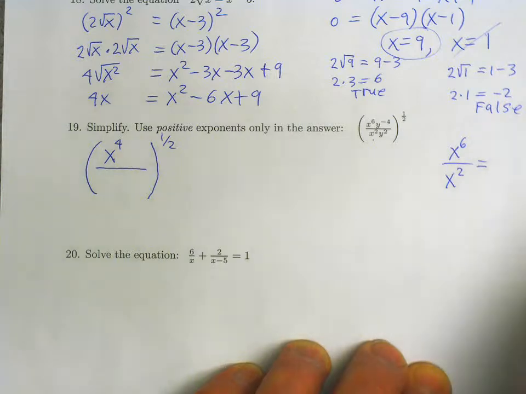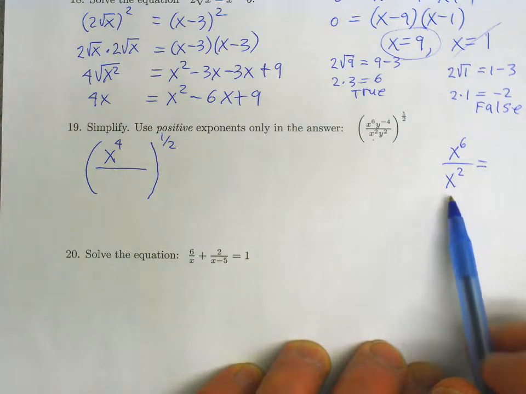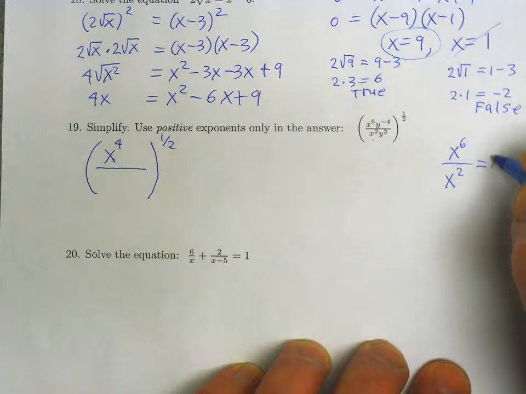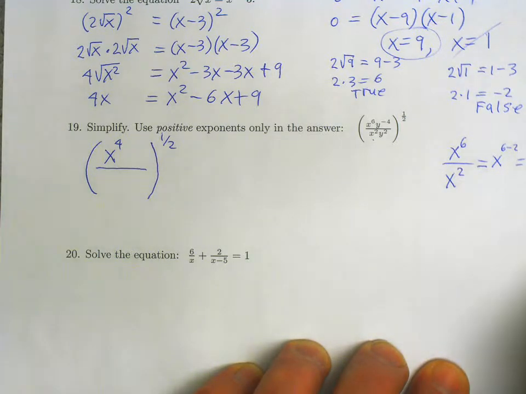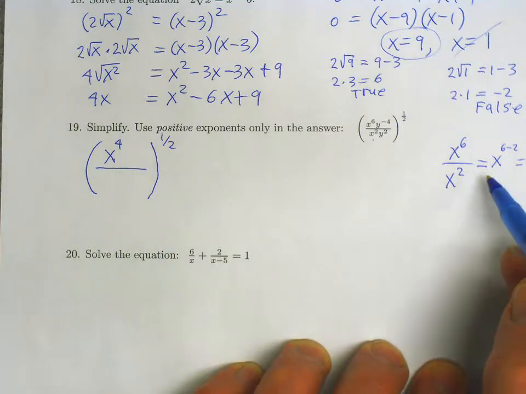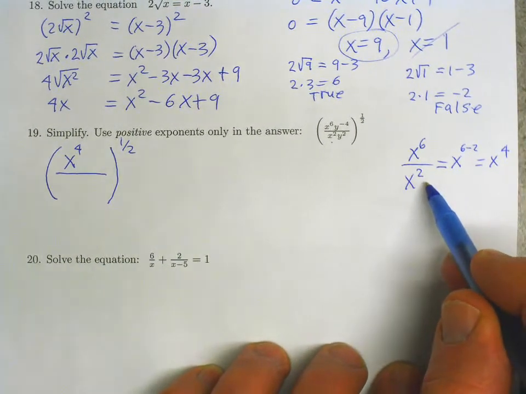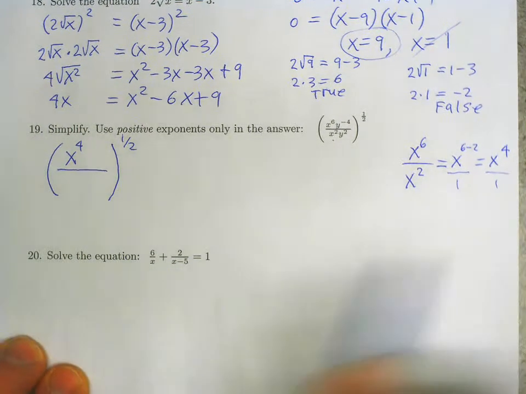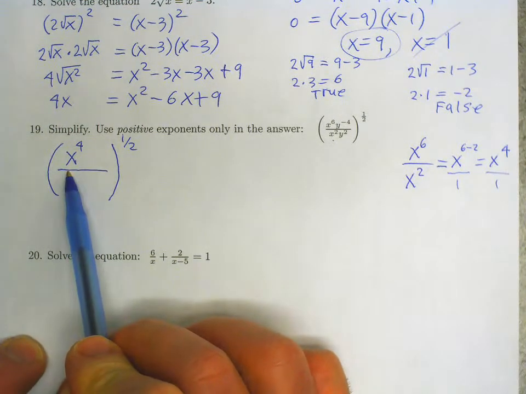One way is just to use the property x to the 6th divided by x to the 2nd is x to the 6 minus 2, or x to the 4th. And the implication is that this is in the numerator. So that's why we're left with x to the 4th in this numerator.